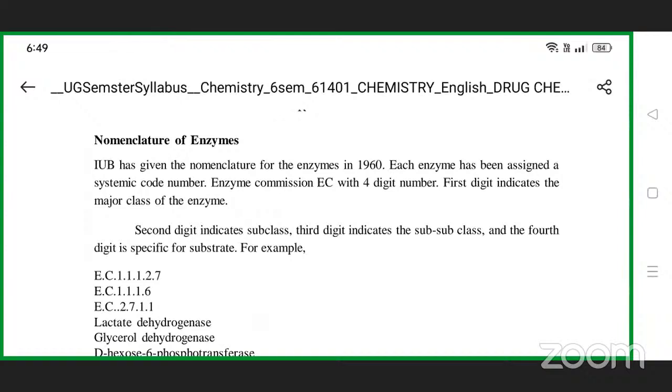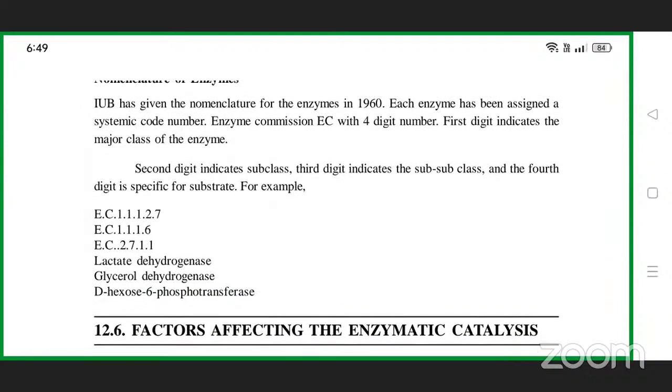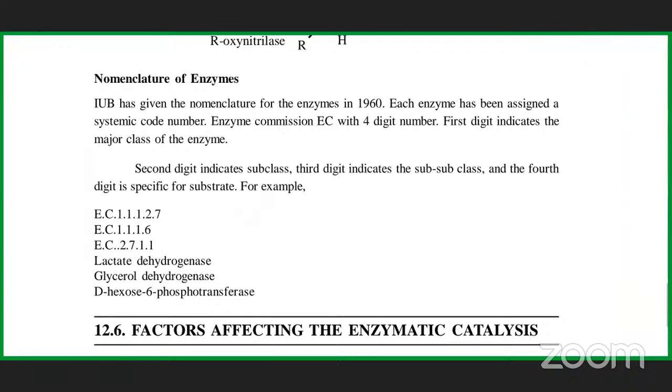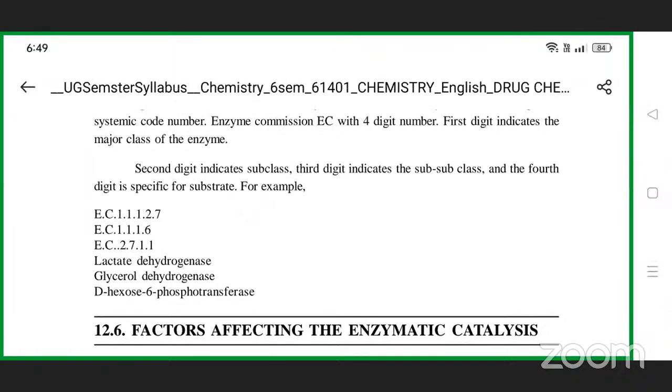The first digit indicates the major class of the enzyme, the second digit indicates the subclass, the third digit indicates a sub-subclass, and the fourth digit is specific to the substrate.